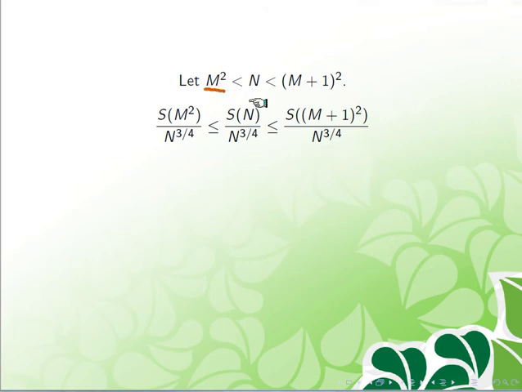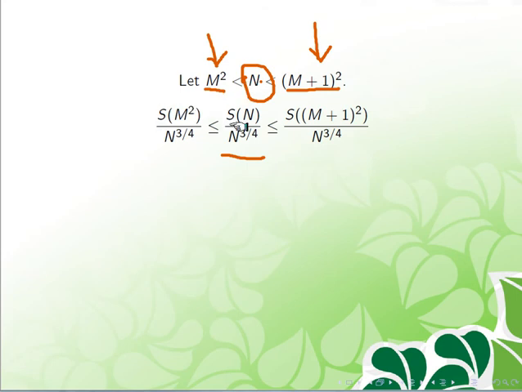Here's one perfect square, here's the next perfect square. If n is not a perfect square, it's going to be somewhere in between, over some perfect square and the next perfect square. So we're going to see how this Sn divided by n to the 3 over 4 behaves if we know how this guy and that guy behave. See what's changing. We're going to compare this one here. m squared is less than n.